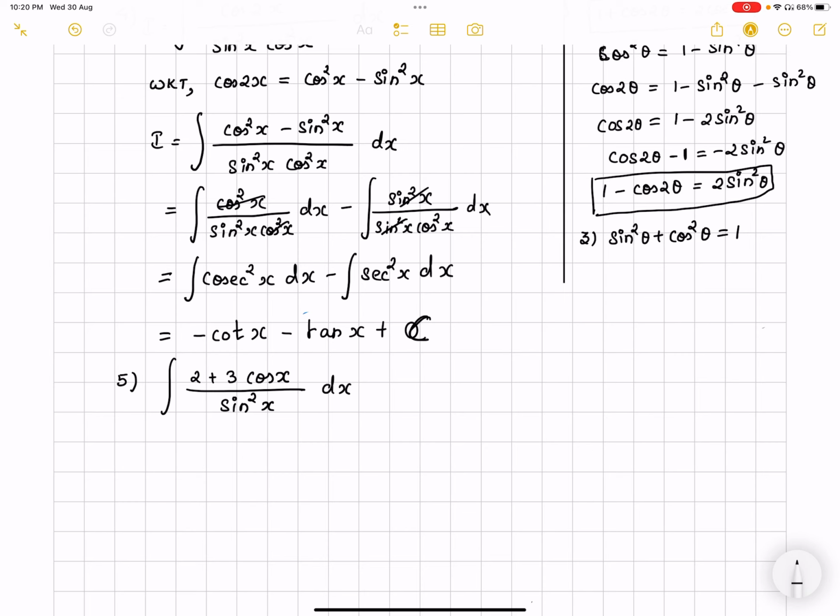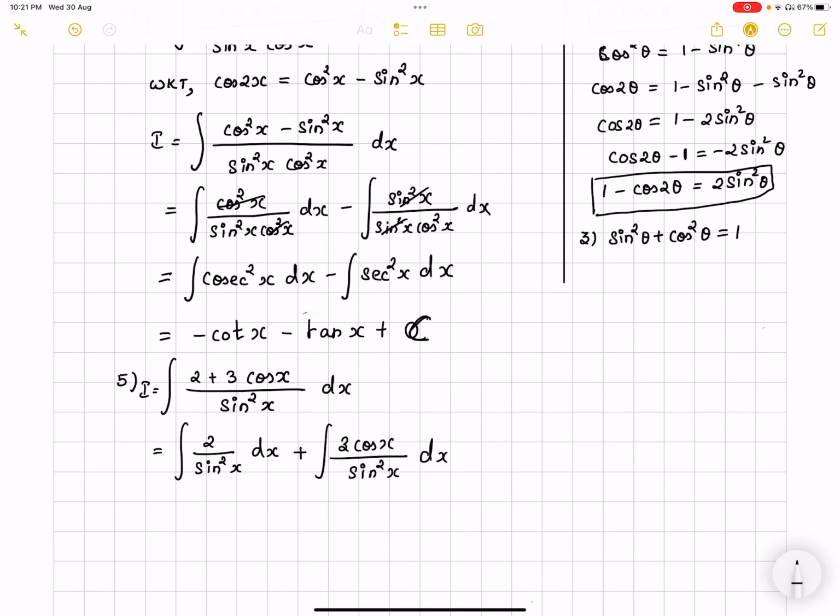A simple approach is sufficient, like splitting, because the numerator already has two terms. Let me just split my denominator for both the terms and let me write it. It's integral 2 divided by sine square x dx plus integral 3 cos x divided by sine square x dx.